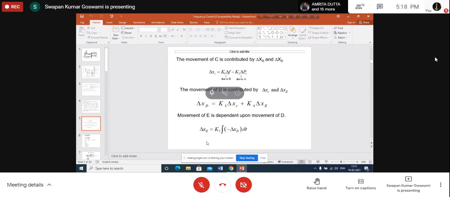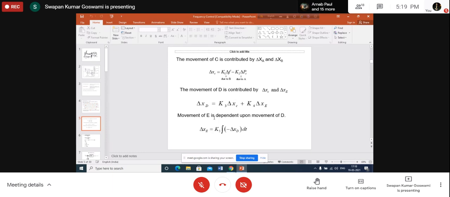Now you put delta XC equal to minus K5 by s delta XD(s). Put the value of delta XD(s) here. So you will have delta XC(s) again, bring delta XC(s) to that side.